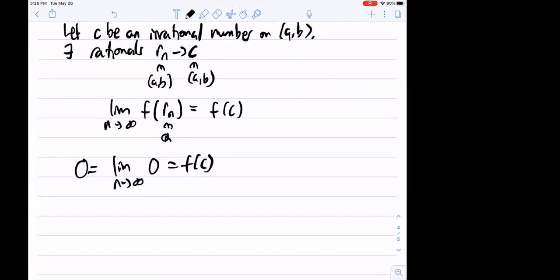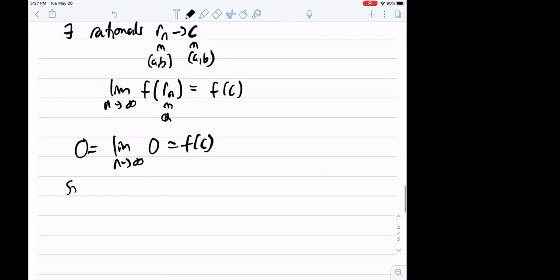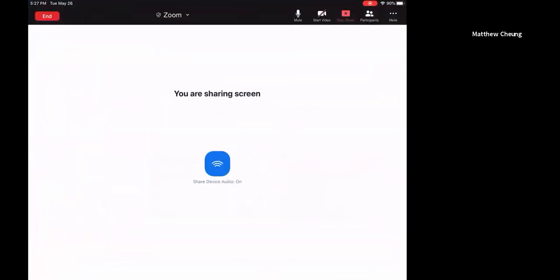And C was an arbitrary irrational, so we're done. F of X is 0 for all X in AB. Everyone clear on that?